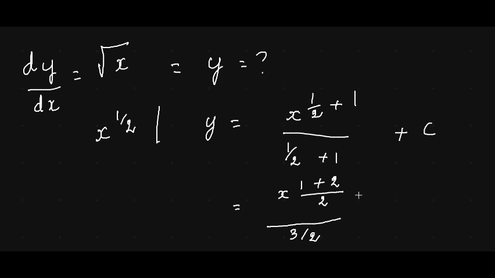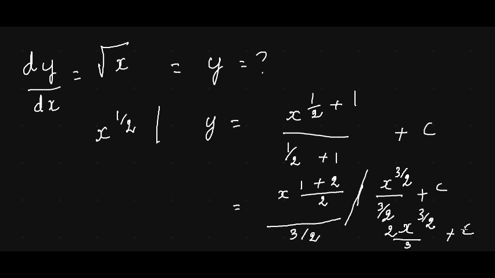So that's going to be x to the power of 3 by 2 divided by 3 by 2, plus c. And if you're dividing like that, things go upside down. So that's equal to 2x to the power of 3 by 2 divided by 3, plus c, which should be the answer.